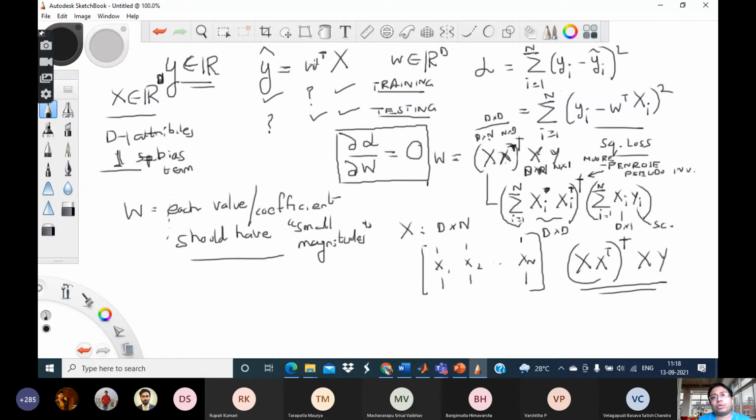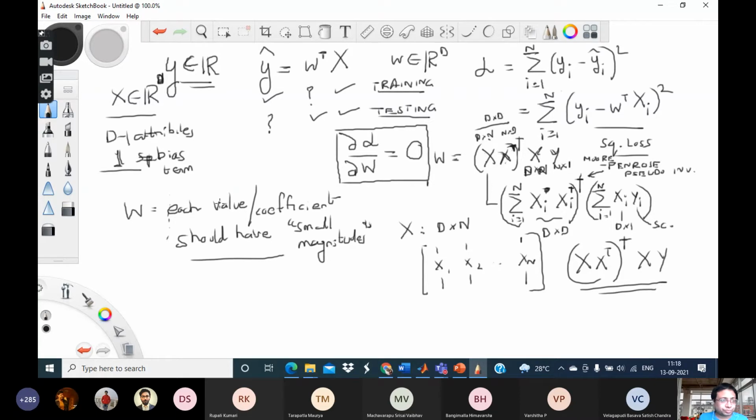I should not want one to have a weight of 10,000, another to have a weight of 0.1 or something like that. I will want all of them to have reasonably close weights. For such situations, it may make sense to want a W where each coefficient has a small magnitude.